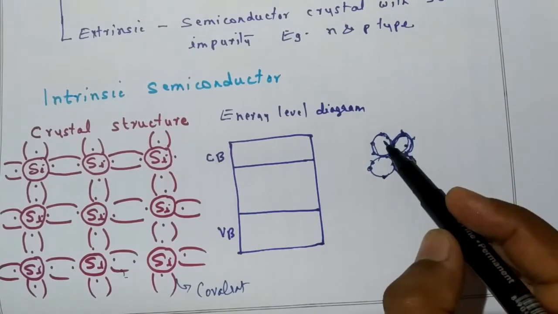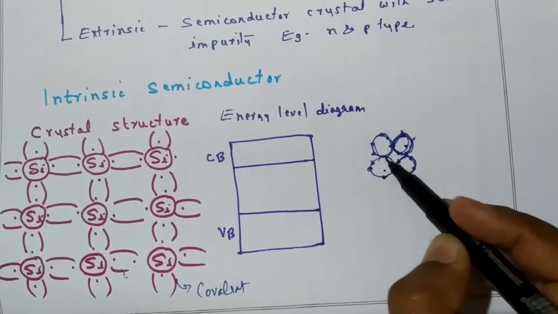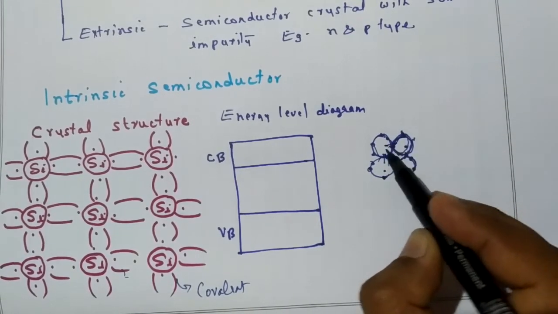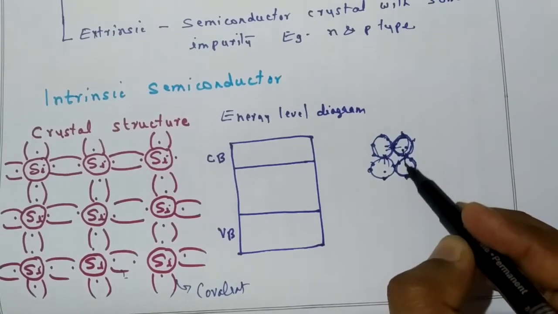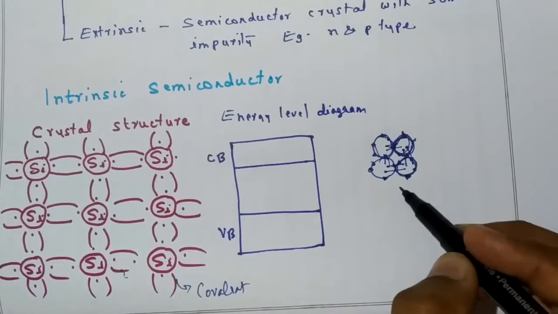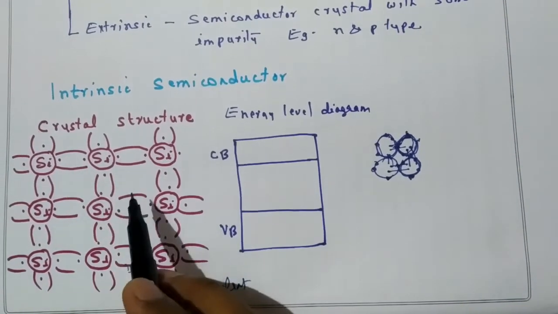So actually there is a bond between the valence electron of this and this. There is a bond between the valence electron of this and this, and a bond between the valence electrons of these two. That is what is represented here.